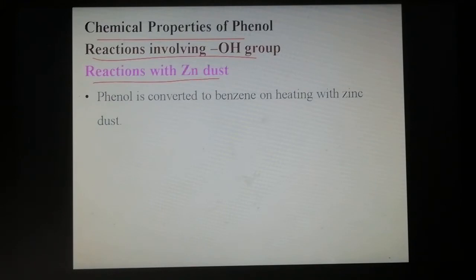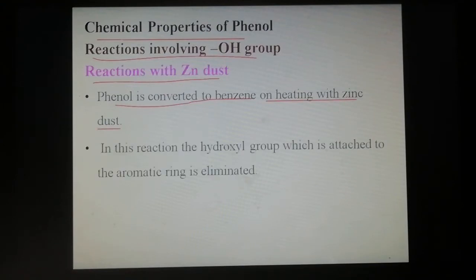Phenol is converted to benzene on heating with zinc dust. In this reaction, the hydroxyl group which is attached to the aromatic ring is eliminated.